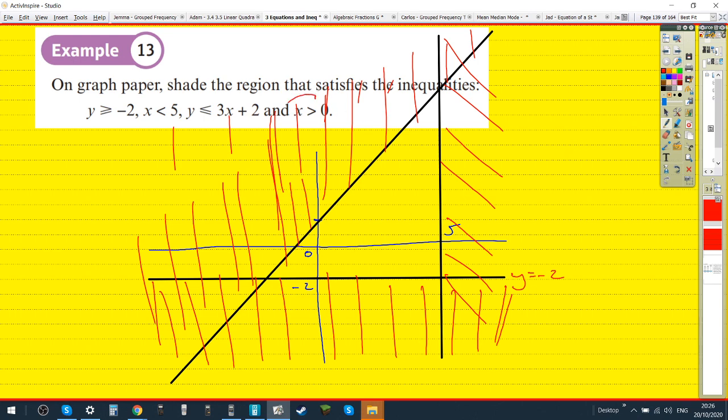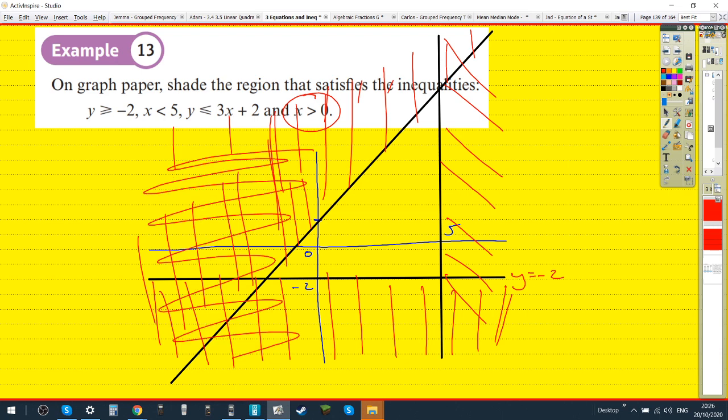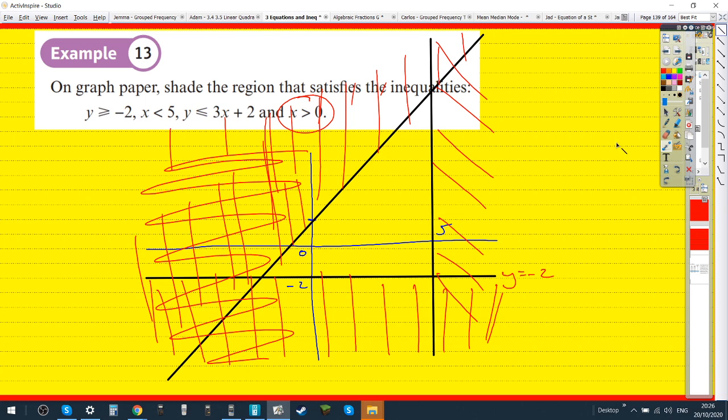Or actually, there was x is greater than 0. So we have to delete anything that's less than 0. Would it be written as an inequality? No. Shade what region remains. What, the one in the middle? Yeah, that's it. And so that's our region there.